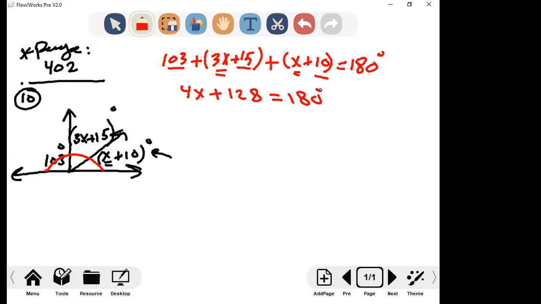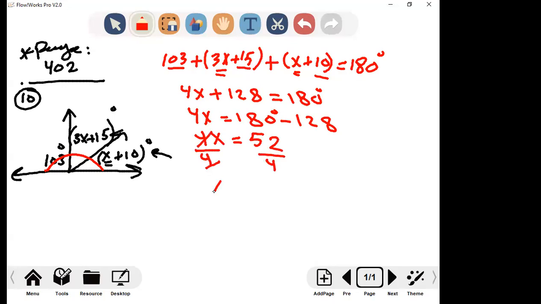Now you have a 2-step equation, just shift and divide to find the value of x. For 4x equal 180 minus 128, 4x equals 52, right? 52 divided by 4 on both sides, x will be 13.